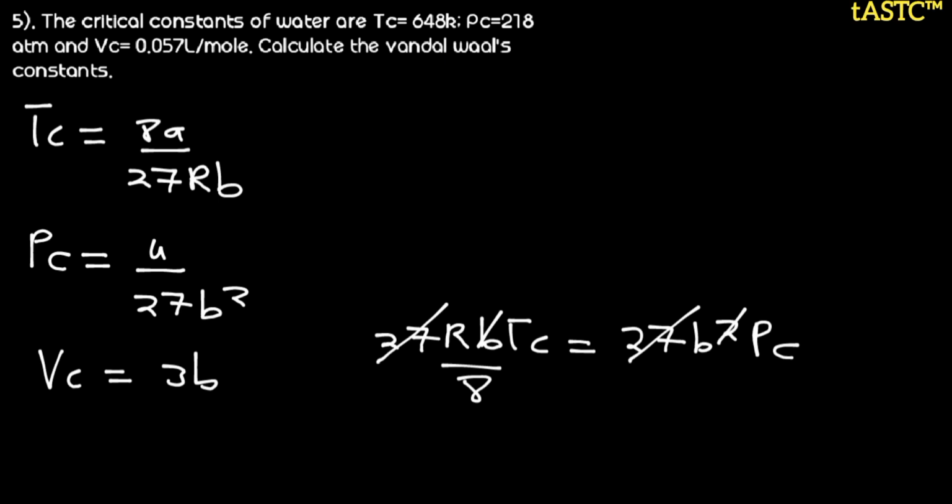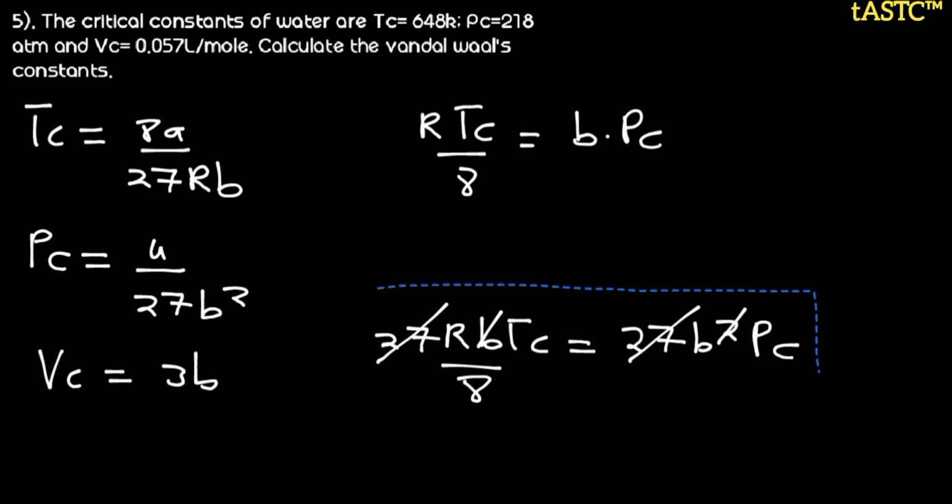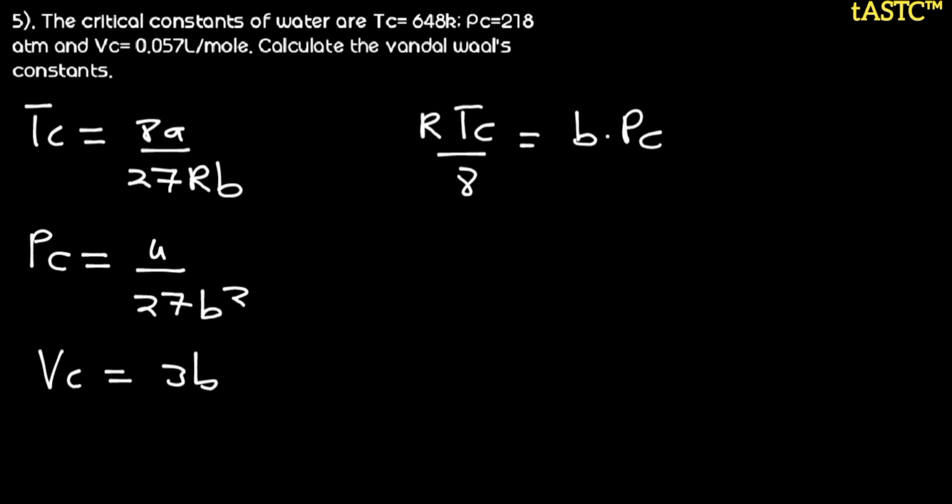And so what is that going to leave us? That will leave us R multiplied by Tc divided by 8, and on the other side, we're going to have b multiplied by Pc. Now we could actually use this to derive another relation for the constant b.